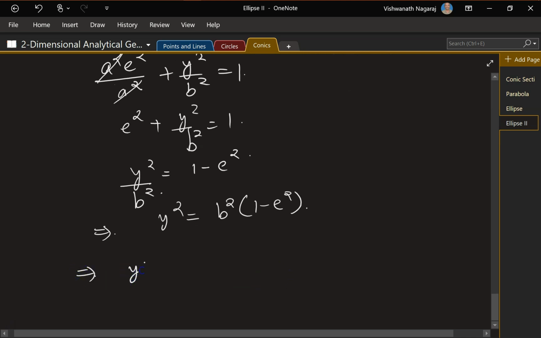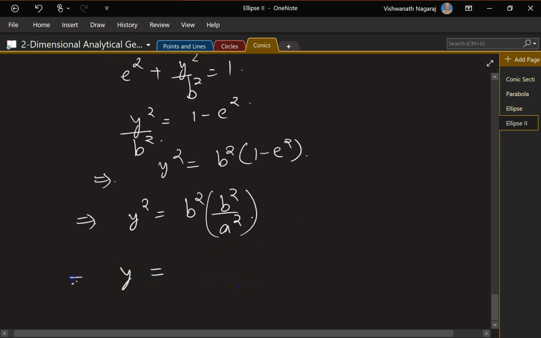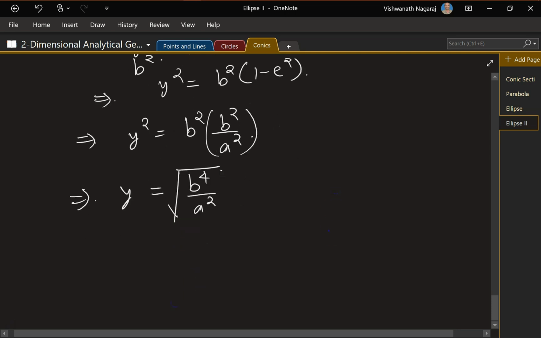Now we know 1 minus e square is nothing but b square by a square, so y square is equal to b to the power of 4 by a square. Let's take the square root of this, plus or minus. So which implies y is equal to plus or minus b square by a.